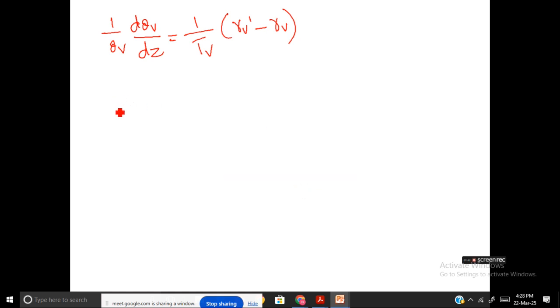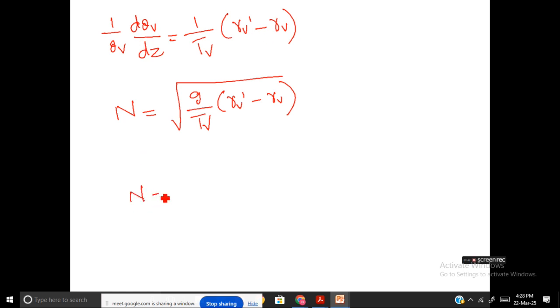Now, initially I told you the equation of Brunt-Väisälä frequency: N is equal to root of G by Tv into (gamma V prime minus gamma V). So if we substitute this, we can write in terms of potential temperature, N is equal to root of G by theta V into d theta V by dz.